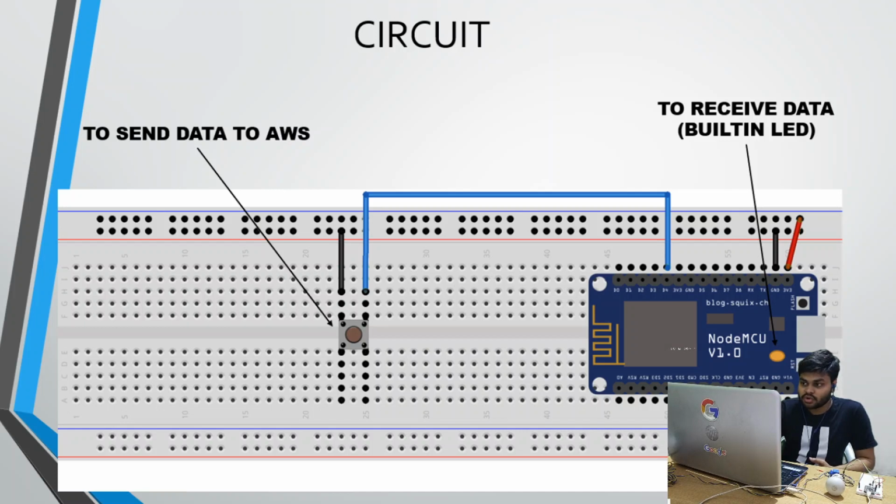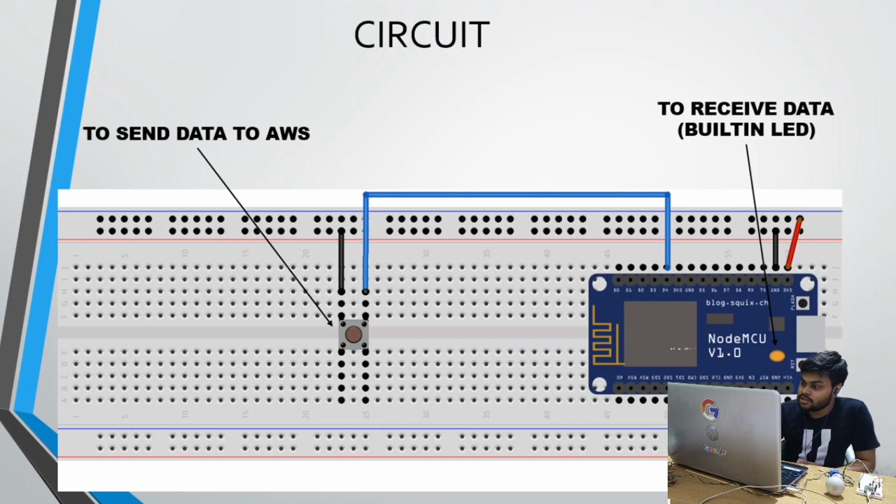I will share the circuit diagram with the relay module, and you can also build it without the relay module. It's not necessary to have the relay module and this whole lighting setup, but you can do that and create a new home automation project using AWS IoT Core.